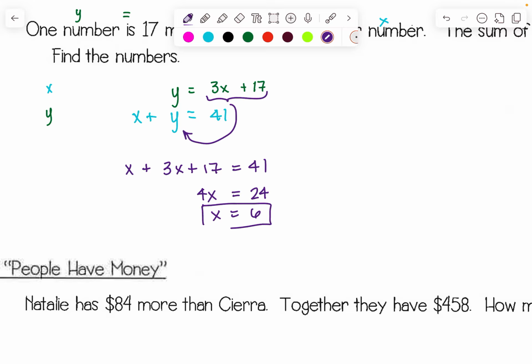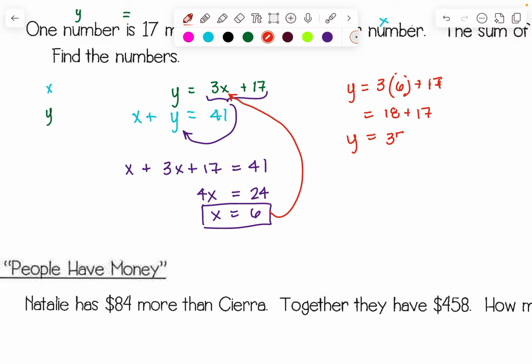I'm going to go ahead and take that value and plug it into my equation here to solve for y. y is equal to 3 times x, which is 6, plus 17. Folks, that's 18 plus 17. So that means y is equal to 35. So again, I'm going to write 6, 35. I'm writing it as xy coordinates.